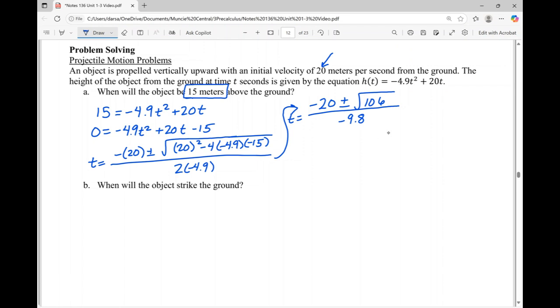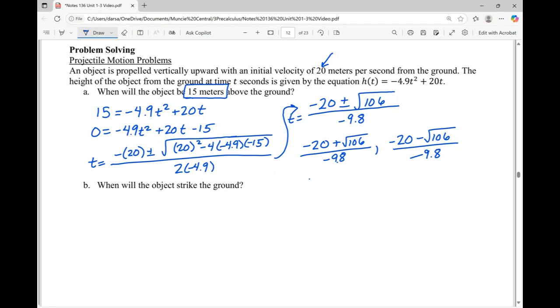So remember, this is actually 2 times: we've got negative 20 plus the square root of 106 over negative 9.8, and we have negative 20 minus the square root of 106 over negative 9.8. And we're going to plug both of these into our calculator so that we get decimal answers.